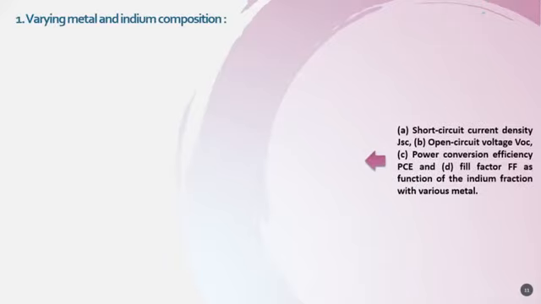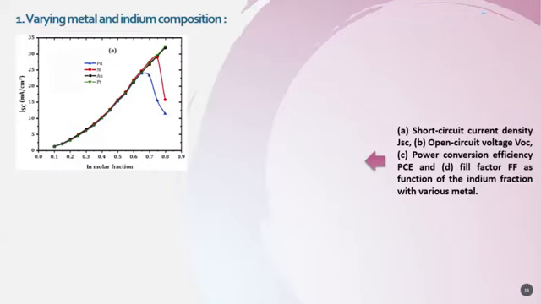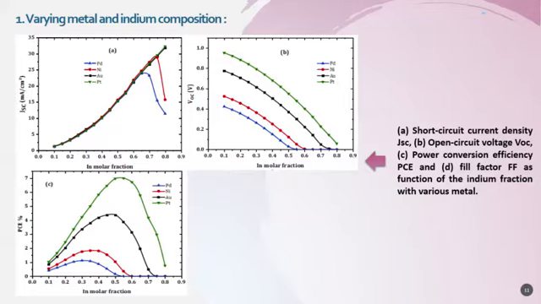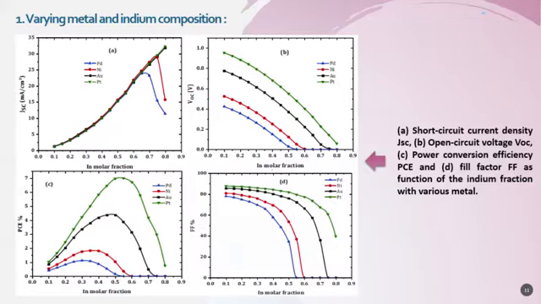Now the results. The simulation output data is as follows. A, short circuit current density. B, open circuit voltage. C, power conversion efficiency. And D, fill factor. The results show that there is an increase in the Jsc and a decrease in the Voc with an increase in the indium composition.